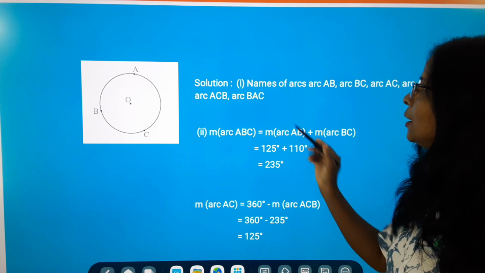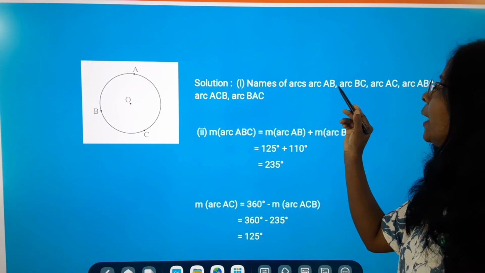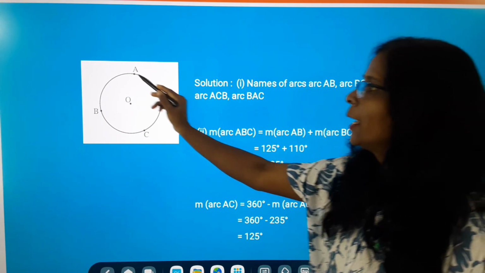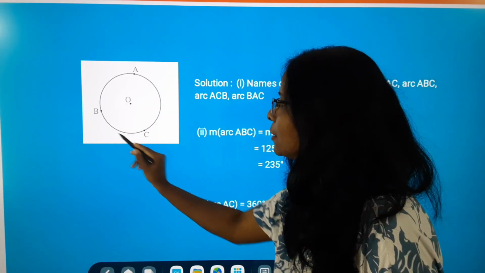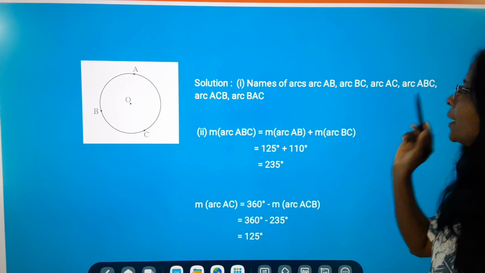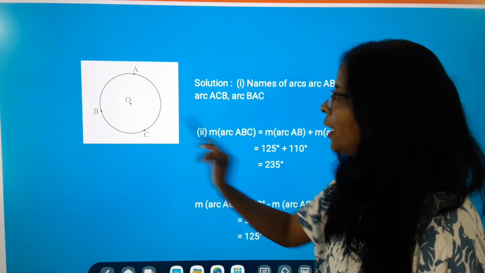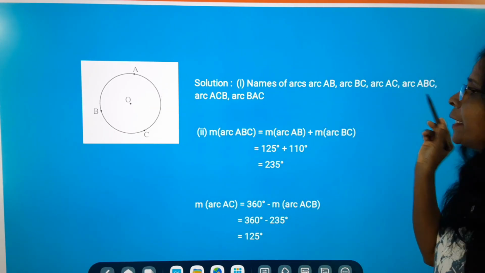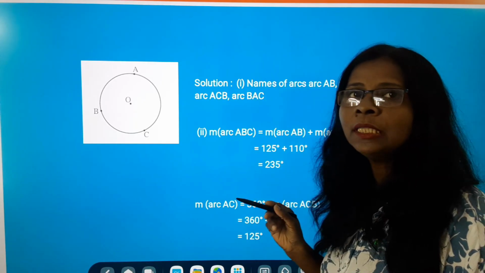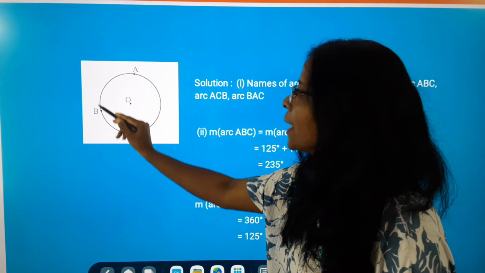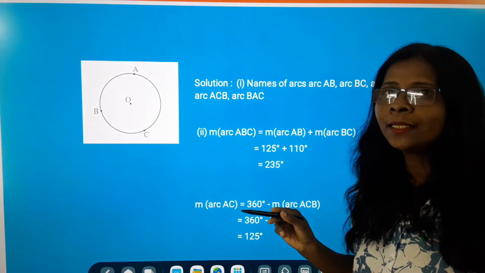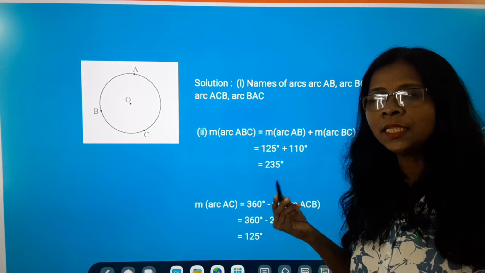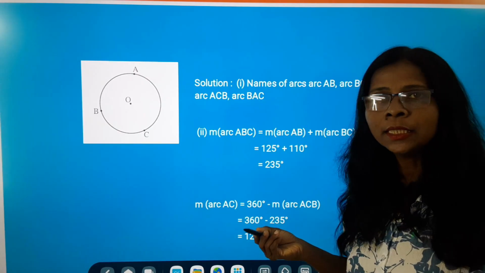So first, names of arcs: arc AB, arc BC, then arc AC, then arc ABC. Now in the 3 letters, that is arc ABC, we can write the name of the arc in 2 letters as well as in 3 letters.